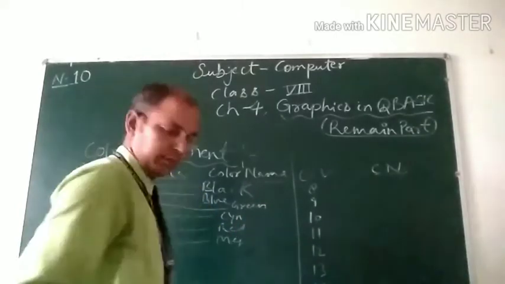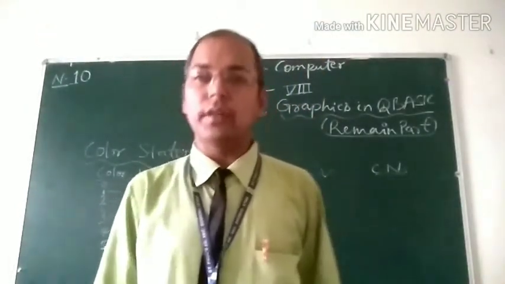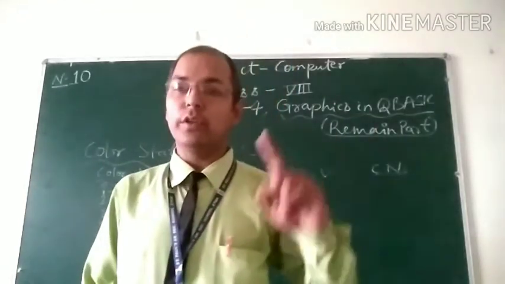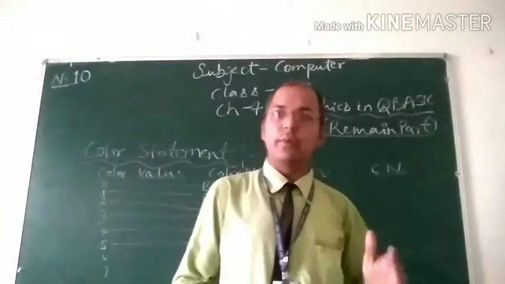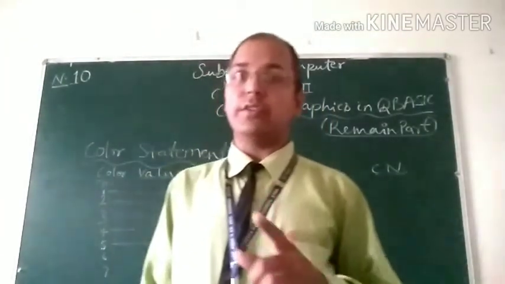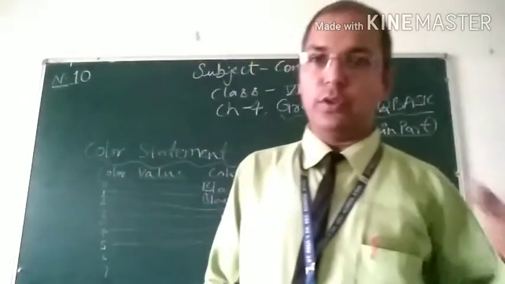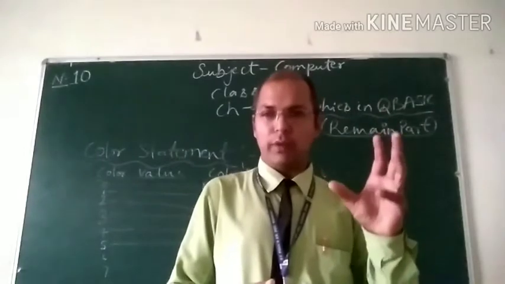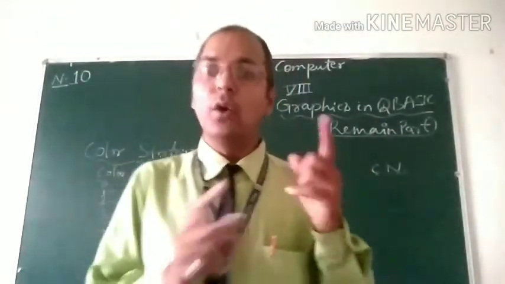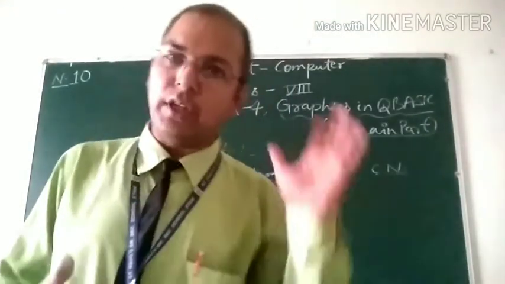So we have 16 colors, from 0 to 15, because counting starts from 0 and 0 is counted as a particular number.